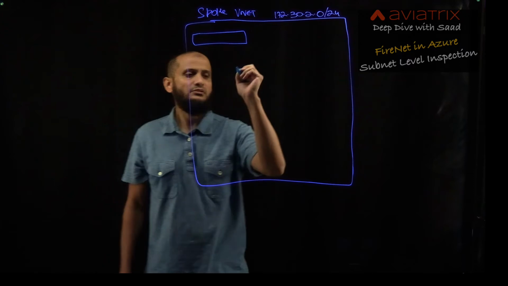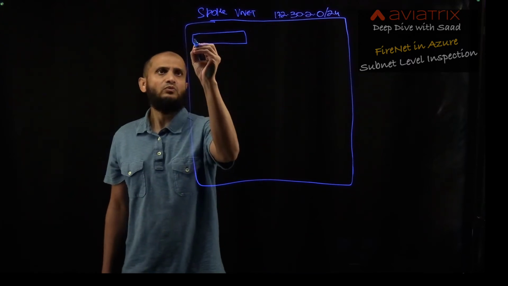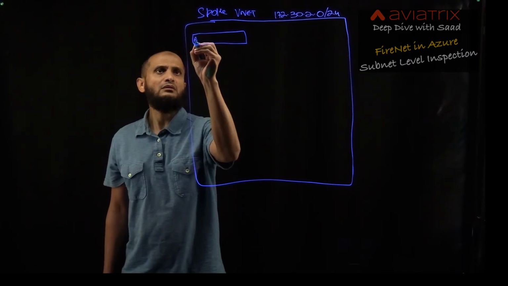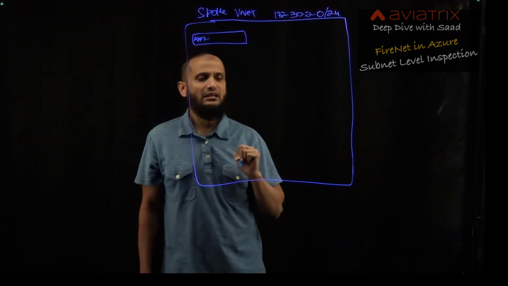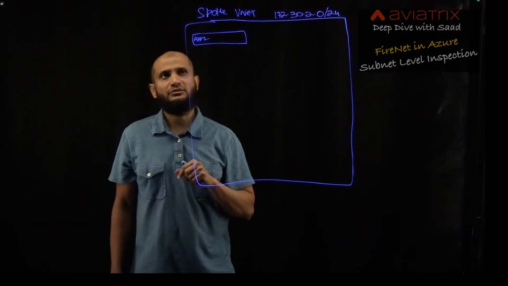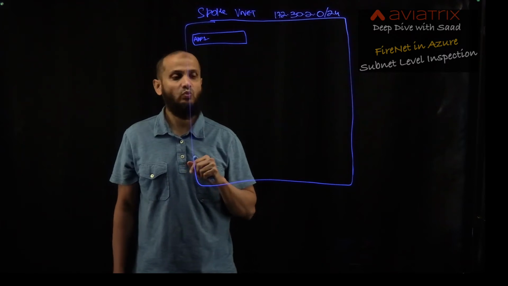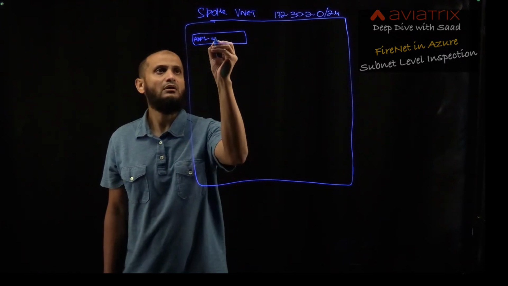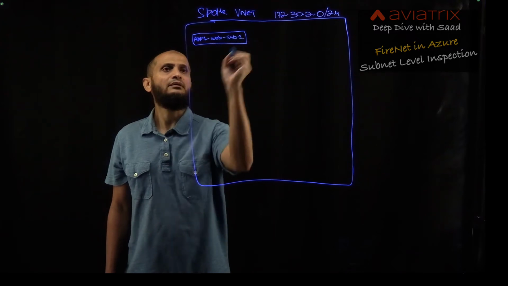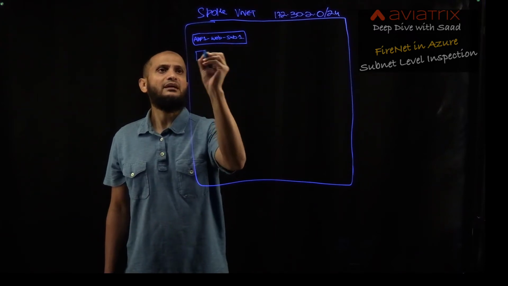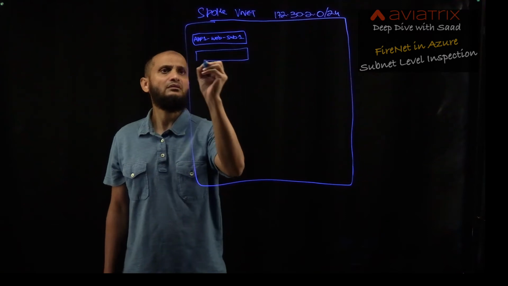So this is your application 1, and let's call it a 3-tier application. So application 1, web, subnet 1. There is another subnet.